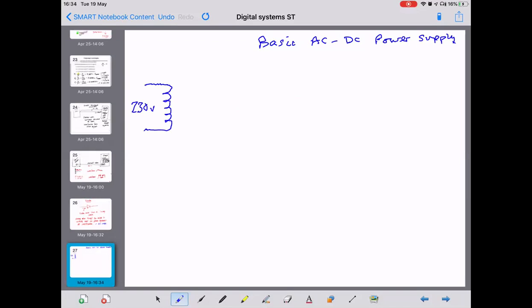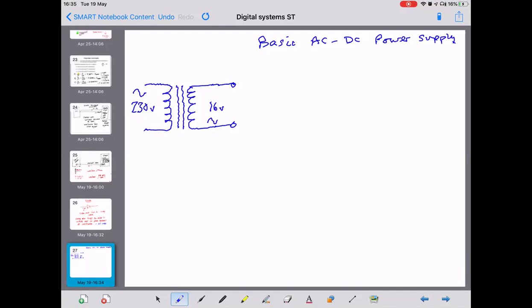So 230 volts, iron core, secondary. Let's have 16 volts AC, sorry. So we're putting AC in here, and we're getting AC out here.